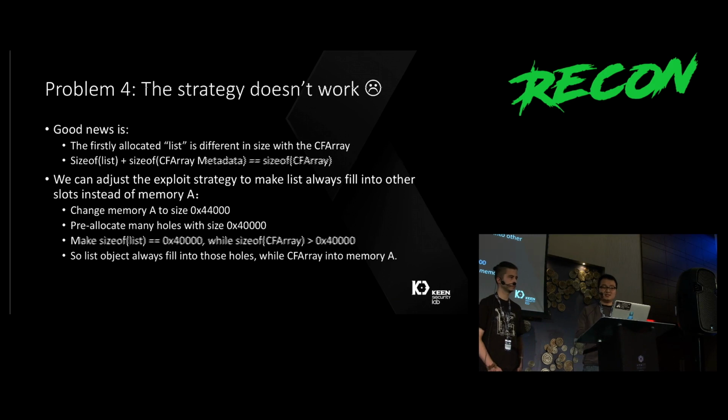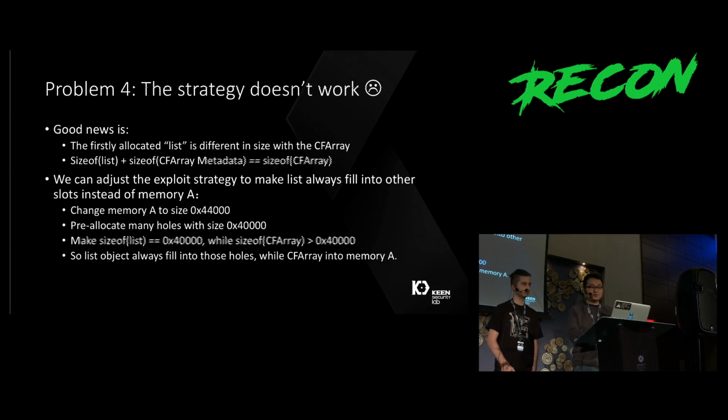But the good news is that we can find that the allocated list is different in size from CFArray, because CFArray includes the header, the metadata, but the list does not. So the list size is smaller than the size of CFArray. So we have a better solution.